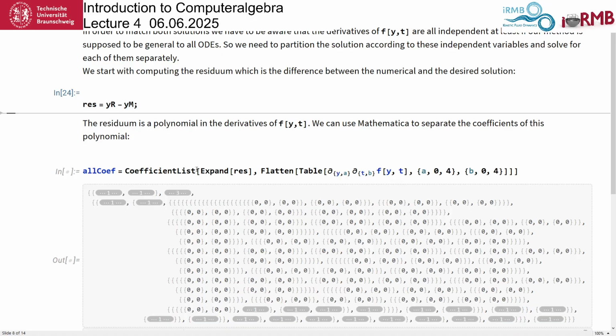So I expand this, and then I make a table, again two-dimensional, of all the derivatives, and now give me a list of all these entries.